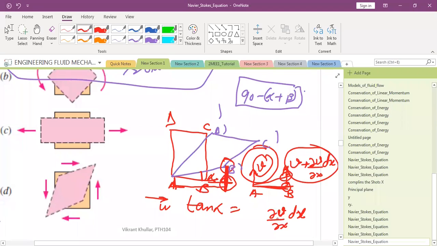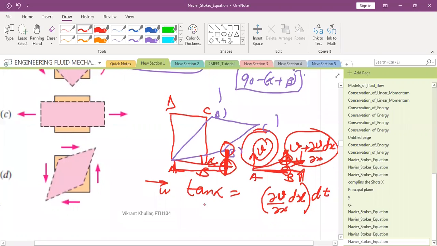Is that clear? Any doubts? So this vertical distance will be equal to what? Speed into time. You know that distance moved should be equal to speed into time. So this is the difference in speed, and this is the time elapsed.